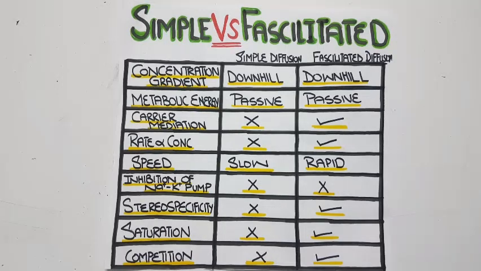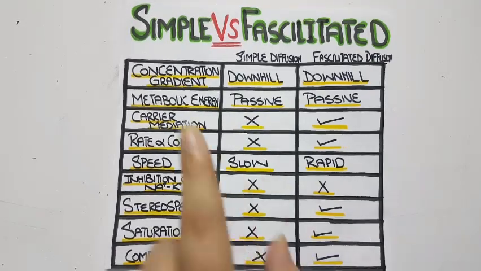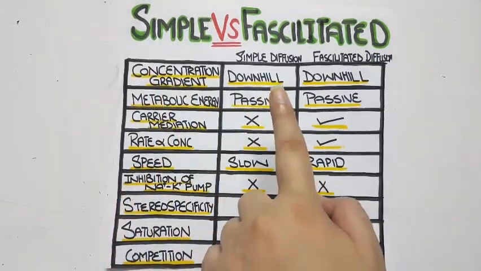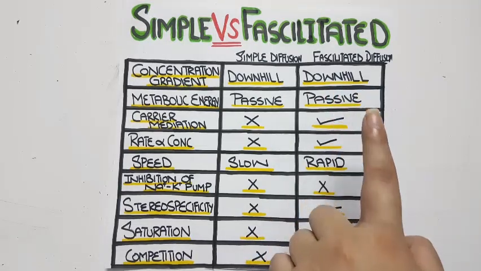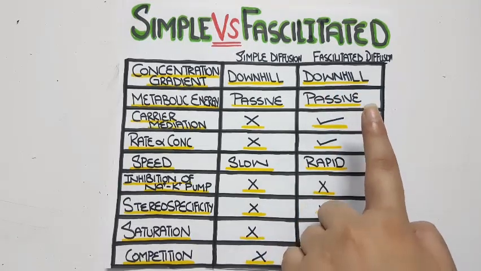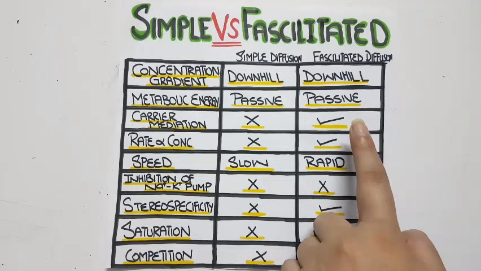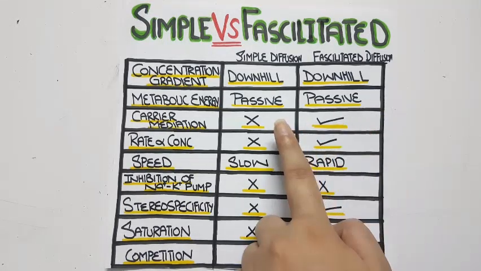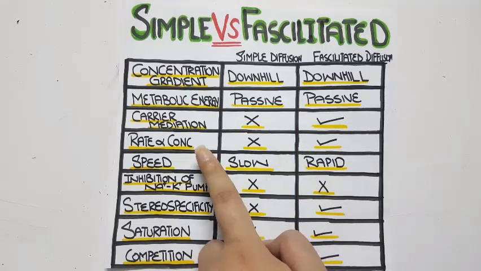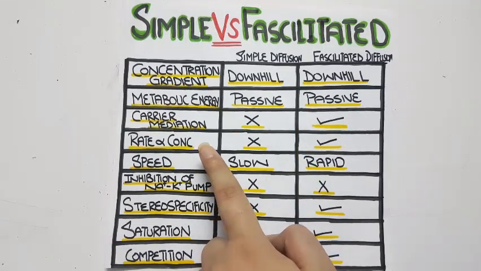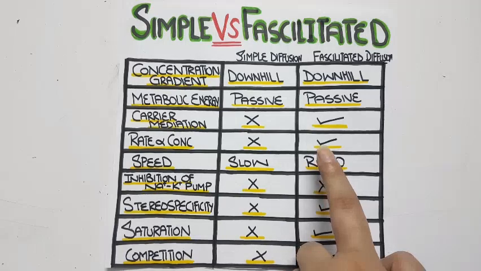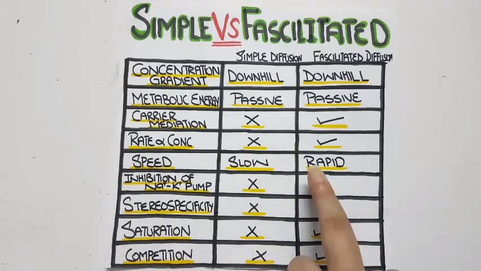This table is a comparison between simple and facilitated diffusion. Concentration gradient is downhill in both of the processes. There is no use of metabolic energy. Both are passive. Facilitated diffusion is carrier mediated, simple is not. The rate of transport is directly proportional to concentration in simple diffusion.